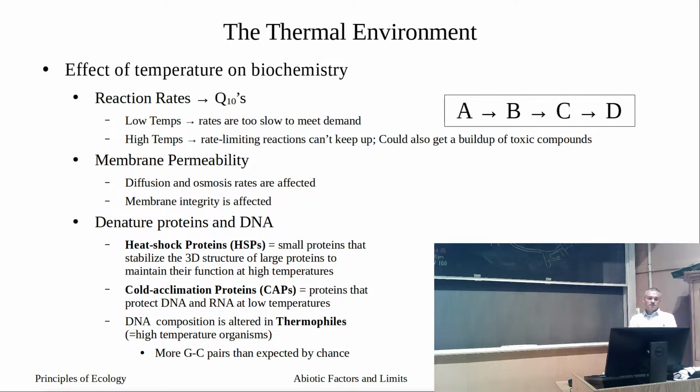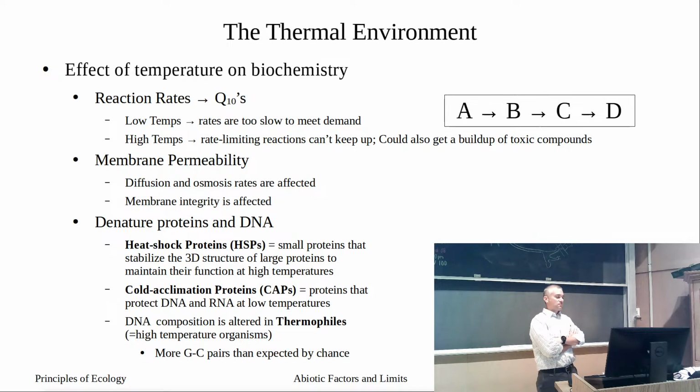All right, so we're going to start with the reaction rates. If you remember from chemistry, I think you've all had chemistry, we talk about rates of reactions using Q10s, right? Change in rate for a 10-degree change in temperature. I'm not going to ask you what's a Q10 at all.